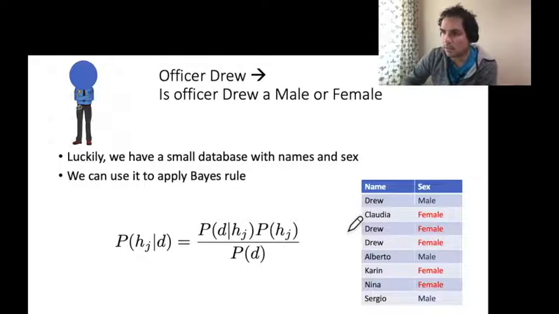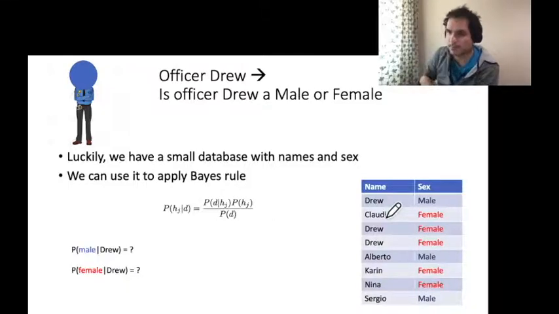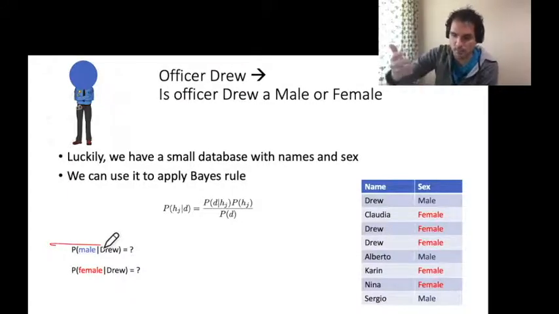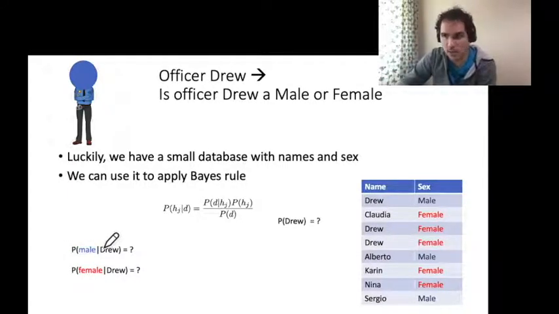Let's start the process and see how we can compute these probabilities using the information we have. Again, all we have to do is compute the probability for both outcomes, and then use the one that is most likely.